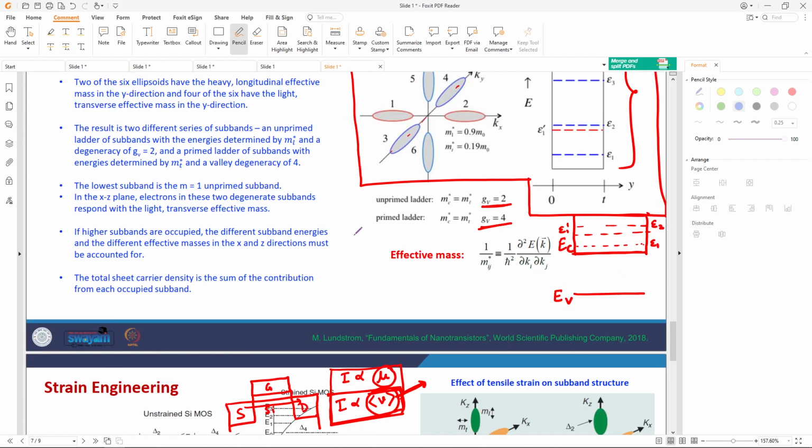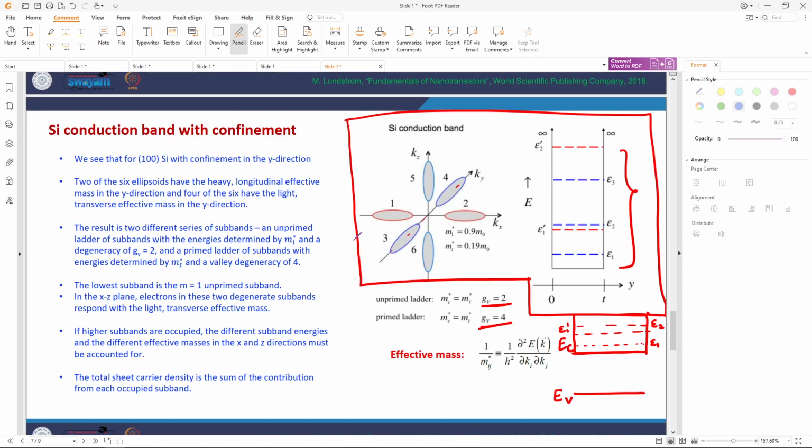So now finally, the last part we shall be looking at today is this notion of the band structure of silicon with confinement.